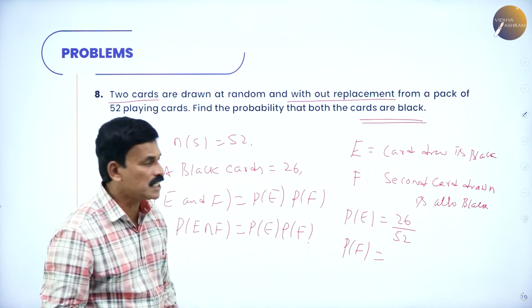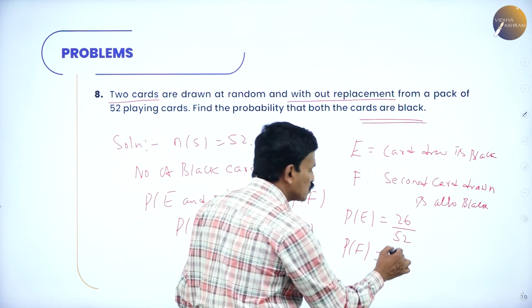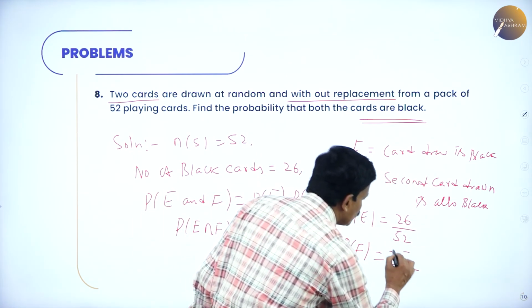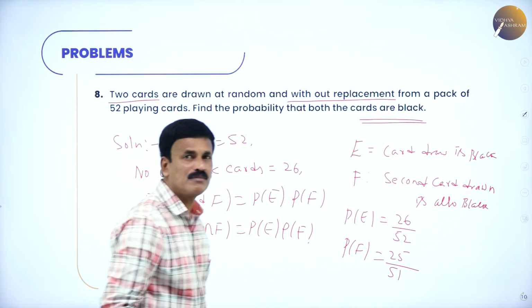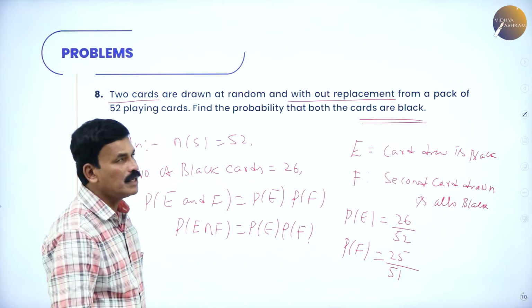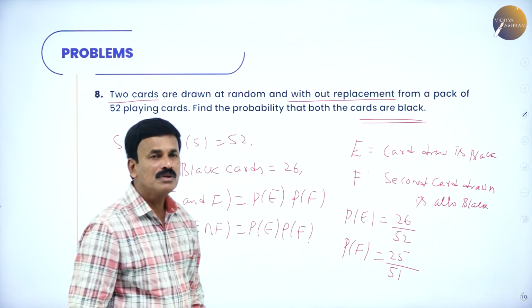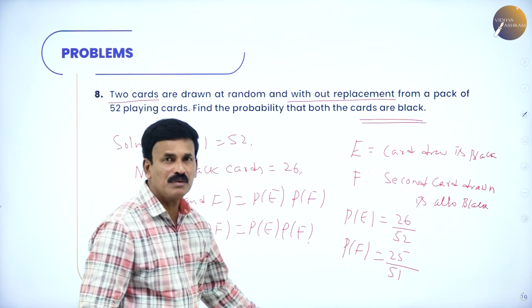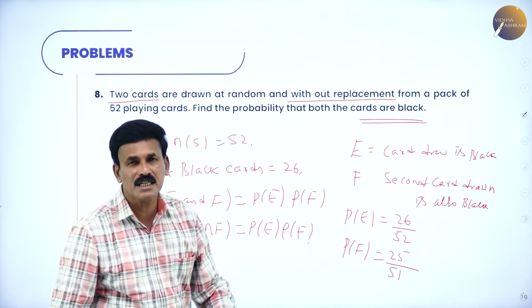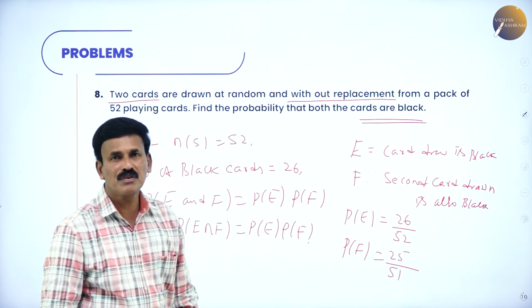So, without replacement, what are the cards left? 26 minus 1 is 25, divided by 52 minus 1 is 51. This is a very important concept. So, P of E is 26 by 52, whereas the probability of F is 25 by 51, because one card is already taken without replacement.